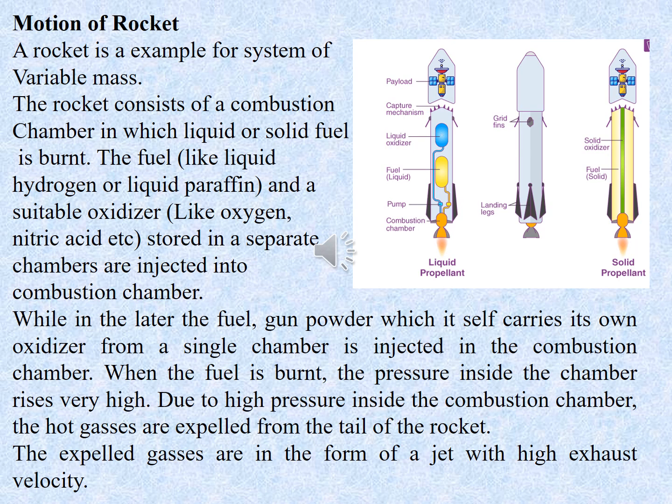Next topic is motion of a rocket. It is the best example of a system of variable mass. The rocket consists of a combustion chamber in which liquid or solid fuel is burnt.